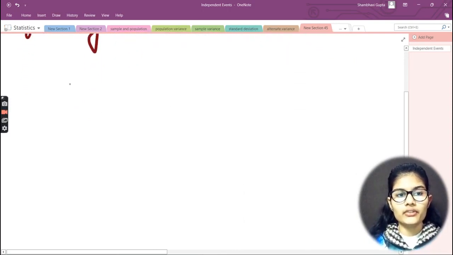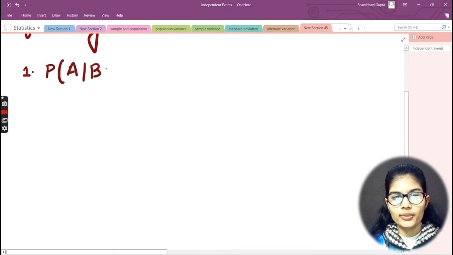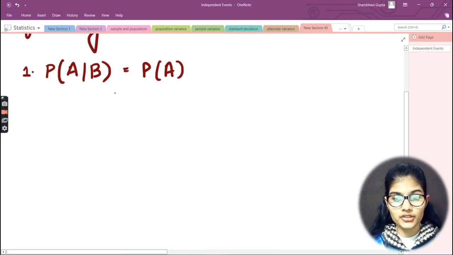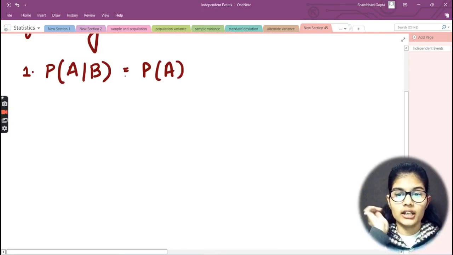So the very first condition is that the probability of A given B is the probability of A. This is the very first condition that has to be satisfied when you are checking whether the respective events are independent or not.